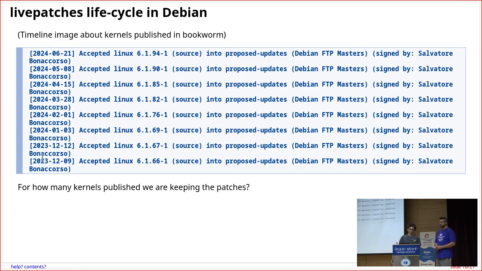We consider the updates done since the beginning of December last year until the middle of June. On average, there is one release per month, more or less. We will need to consider if we are going to support security live patches for every one of those. We don't have an answer for that yet.